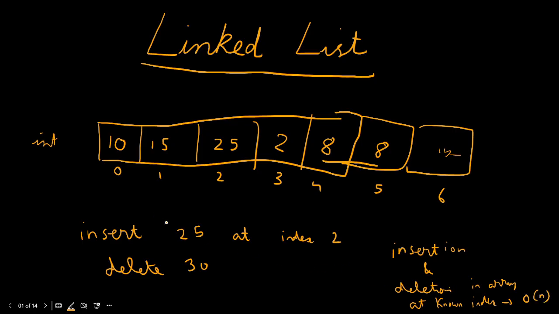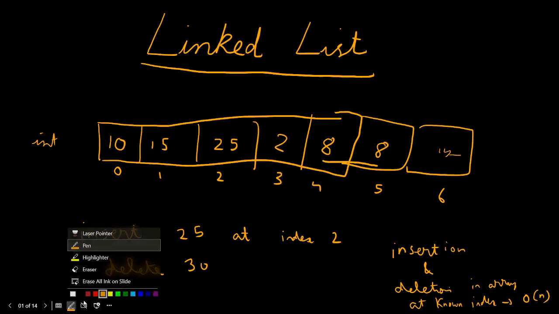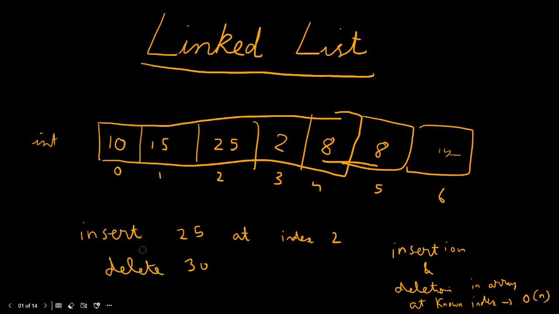Now if it's an unknown index, it means you have to search for it and then delete it. So let me just write it. So overall time to delete in an array. What do you need to do for delete? For delete, we need two steps.